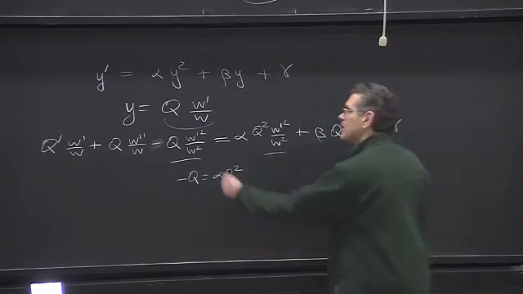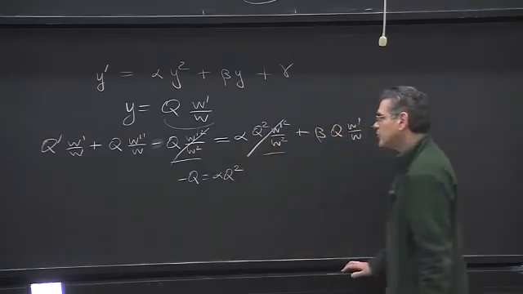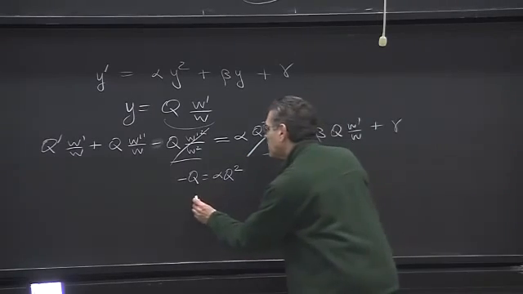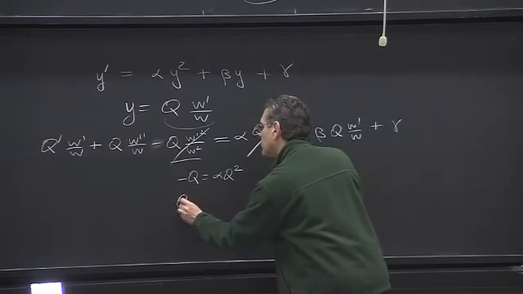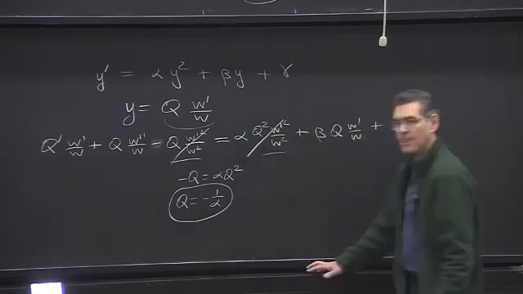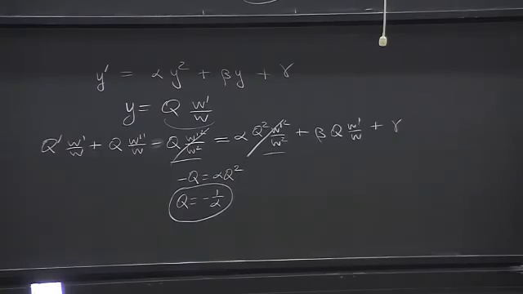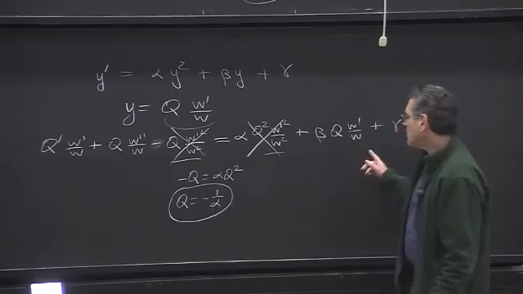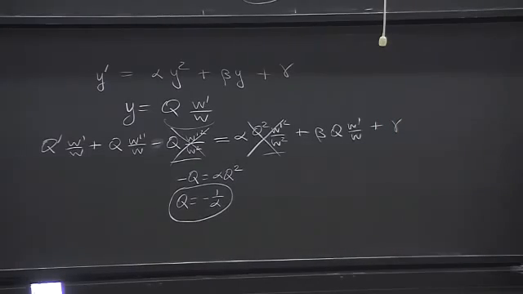And now, with that choice, those 2 terms cancel. So, in other words, I want to choose q to be equal to minus 1 over alpha. That's what I want to do. And now, these 2 terms have canceled, and now I have 4 terms in the equation.